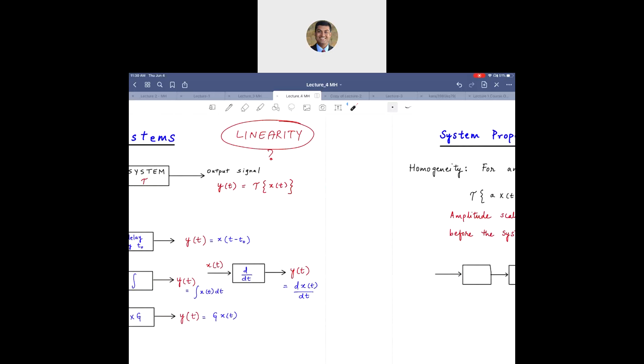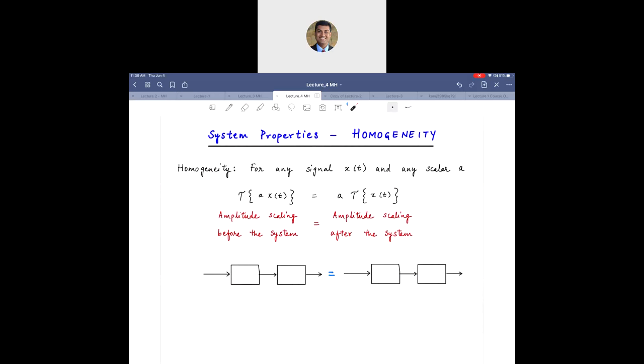So first we'll look at homogeneity. System properties, the first one: homogeneous or not, or the check for homogeneity. The system is called homogeneous, or homogeneity is satisfied, for any signal x of t and any scalar a.